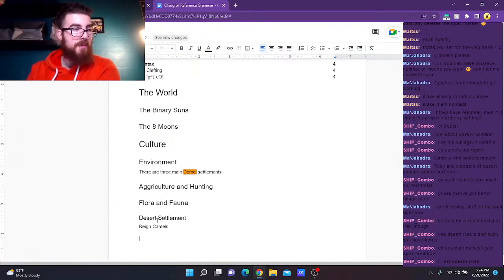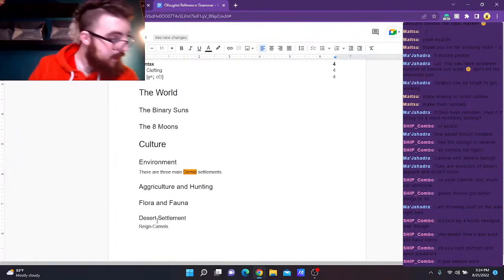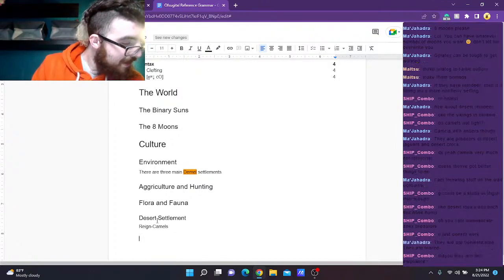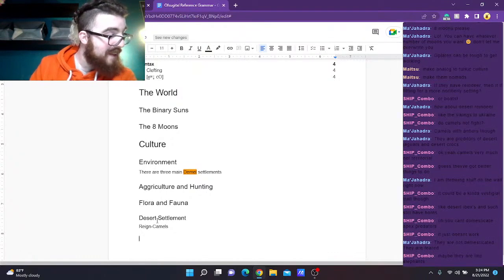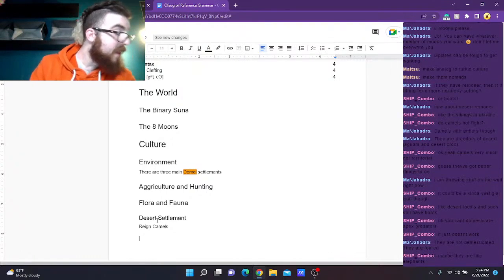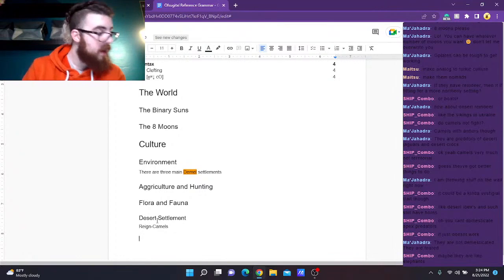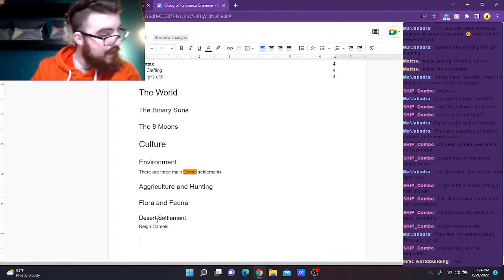Okay, so rain camels aren't the apex predator because they have to be a sort of... I have that settled in my head. They're not domesticated, they are feared. Maybe they're like elephants. Oh, hello, MMC World Building.